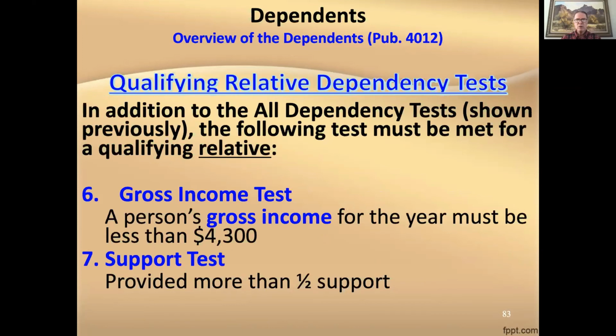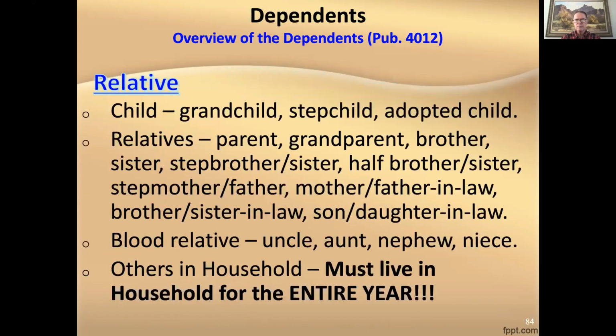And then we have the gross income test. Their gross income for the year must be less than $4,300. And the support test, you provided more than half of their support. So remember, for the relative test, that child could be a grandchild or stepchild.